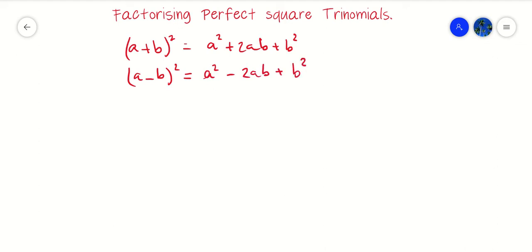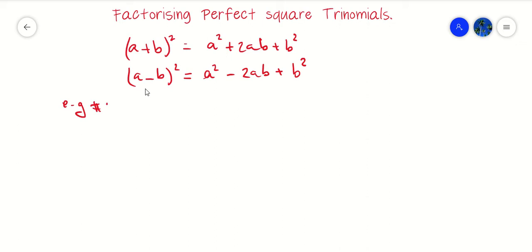These two identities are known as perfect squares. The reason for that is when we factorize the expression into this format, this is what we will get. So let's do some examples and see how we can do this type of factorization.